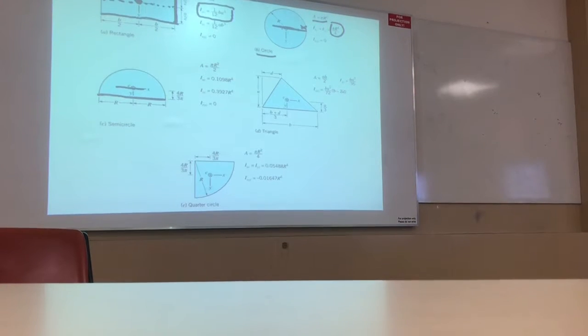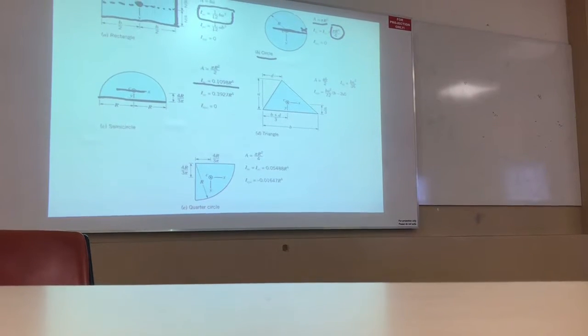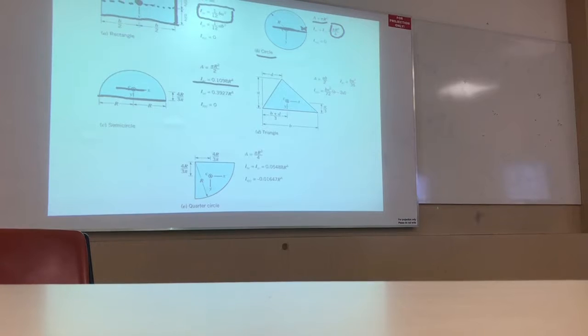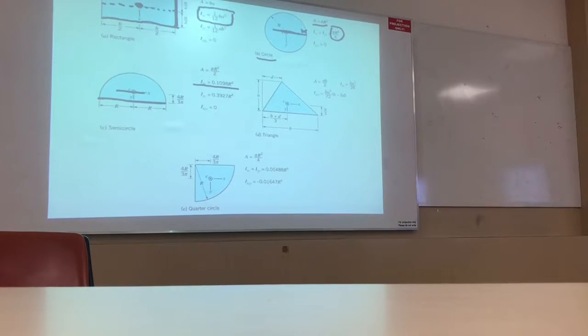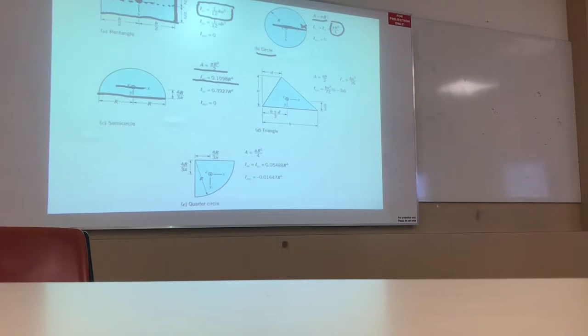So IXC is 0.1098 r to the power 4, and area is pi r squared by 2, and the distance y is 4r by 3 pi. Alright? This is HC or YC.